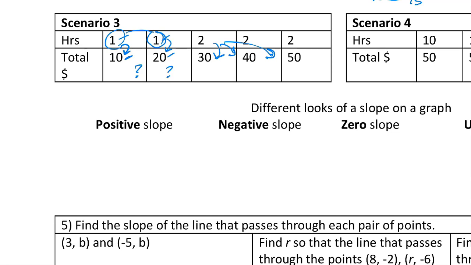So this is a case, if I can relate it back to something that you talked about in the previous lesson, in section 2-2, I believe. You have your hours, and you have the total money. If you have 1 or 2, 1 maps to 10, but it also maps to 20. 2 maps to 30, 40, and 50.